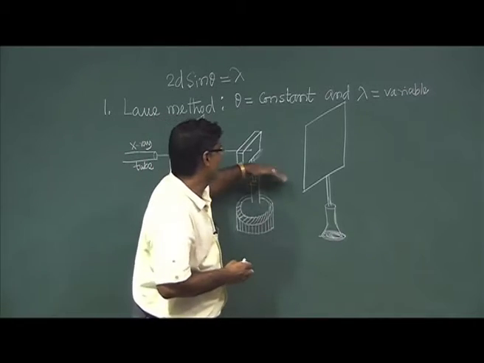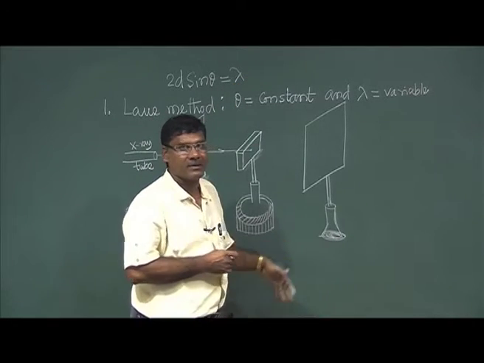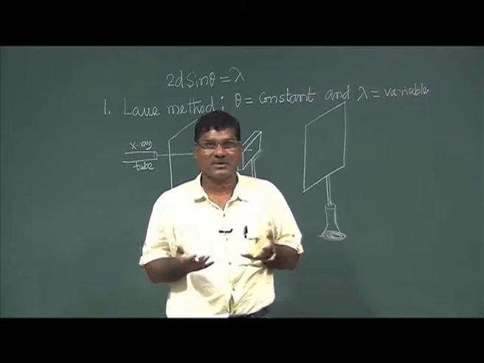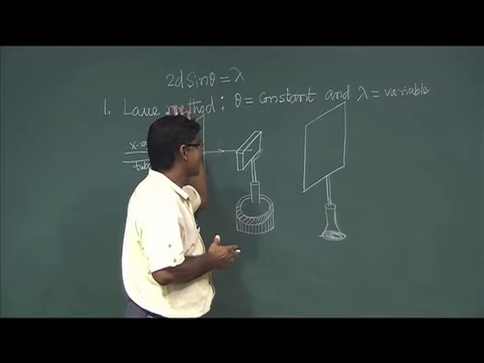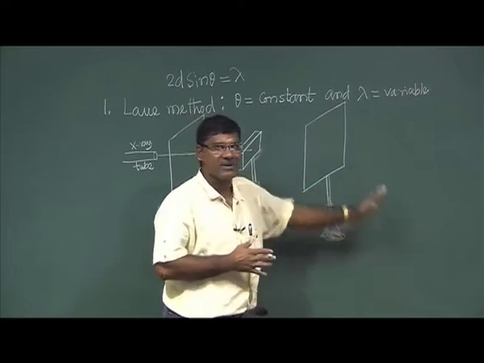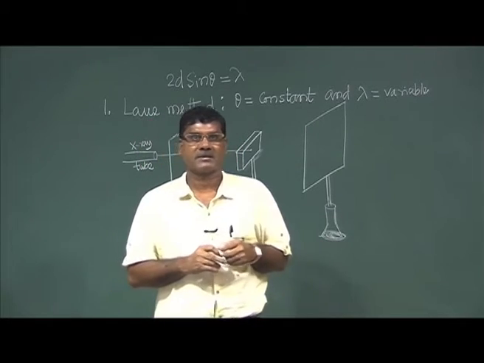If I put the photography plate in another place, that may be a different method, not the Laue method. So in the Laue method, this is the configuration of the experimental setup.